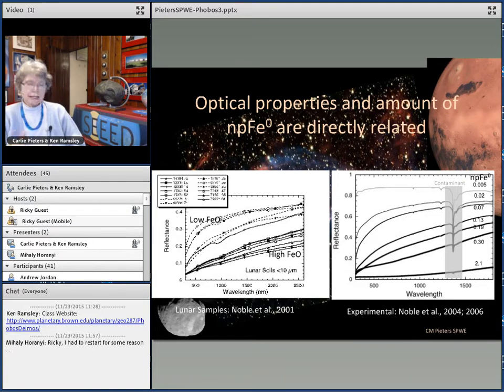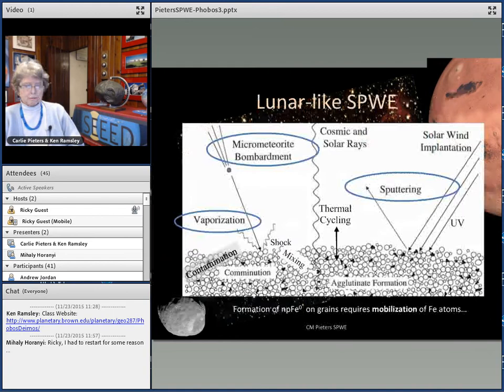So this link between the characteristics of nanophase iron and the direct measurement and observation in the sample helped resolve what's causing the particular space weathering in the lunar situation.